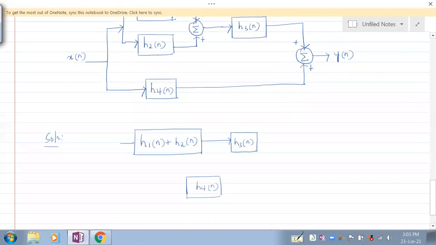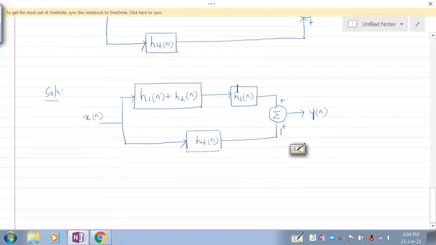So you have the same input being applied to these two systems. And the outputs of these two are being added again, and that will give you your y of n. And these two systems' outputs are again being added. There is no minus here. Now, what is the overall impulse response of these two systems in cascade?